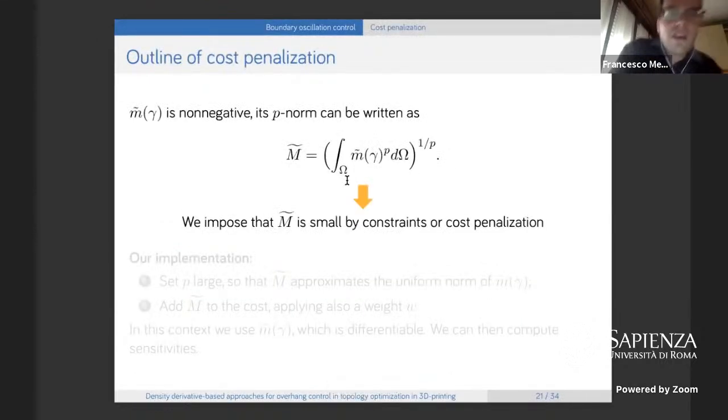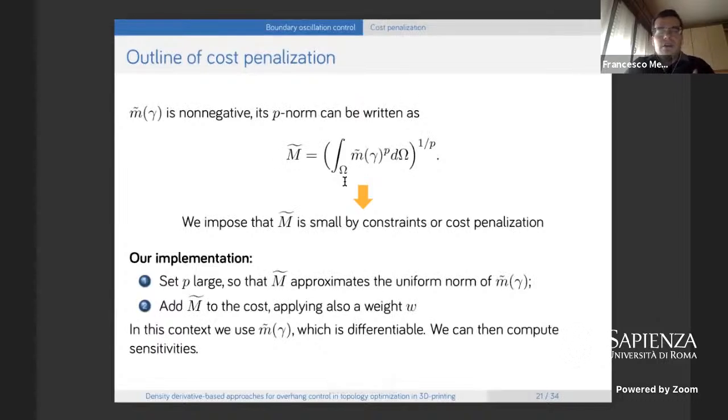Regarding the constraint, in our case we formulated it as a cost penalization. We computed the P norm of our differentiable approximation of M hat, with P quite large, so as to have an approximation of the uniform norm of M tilde.